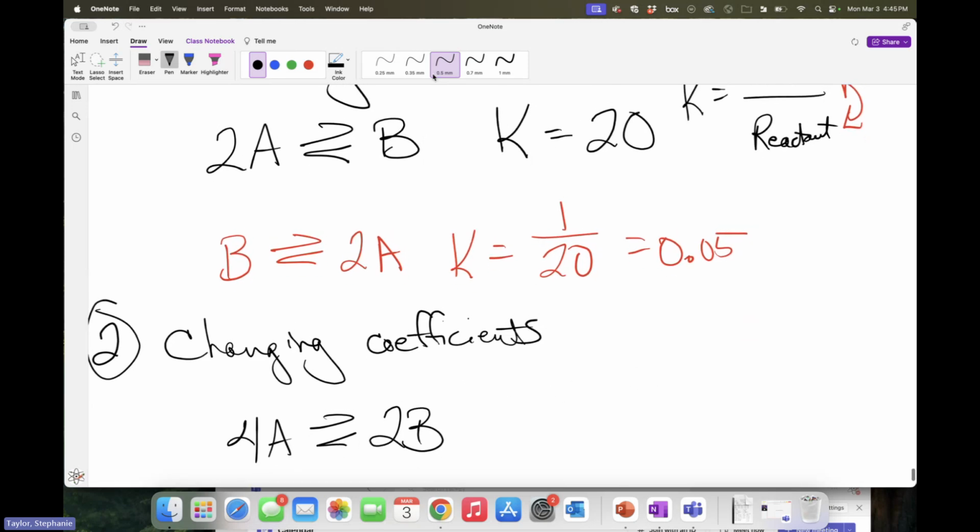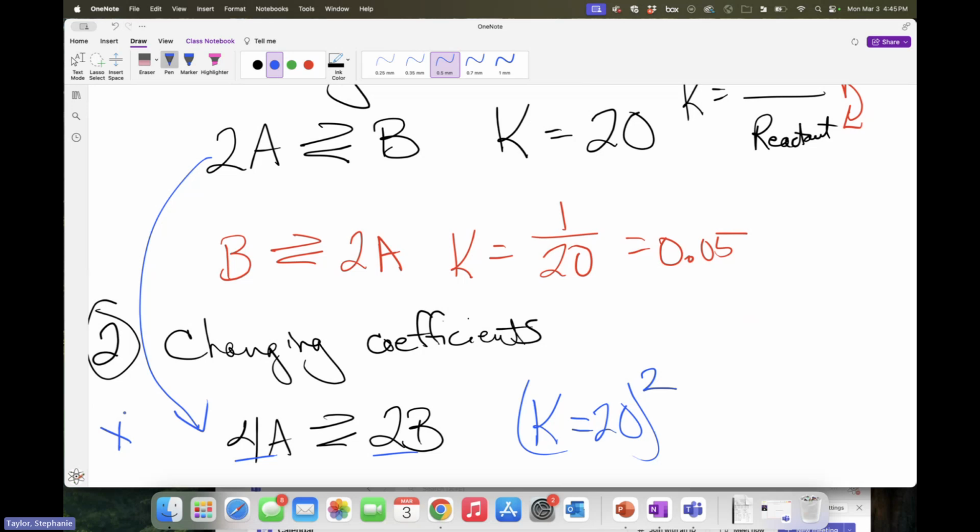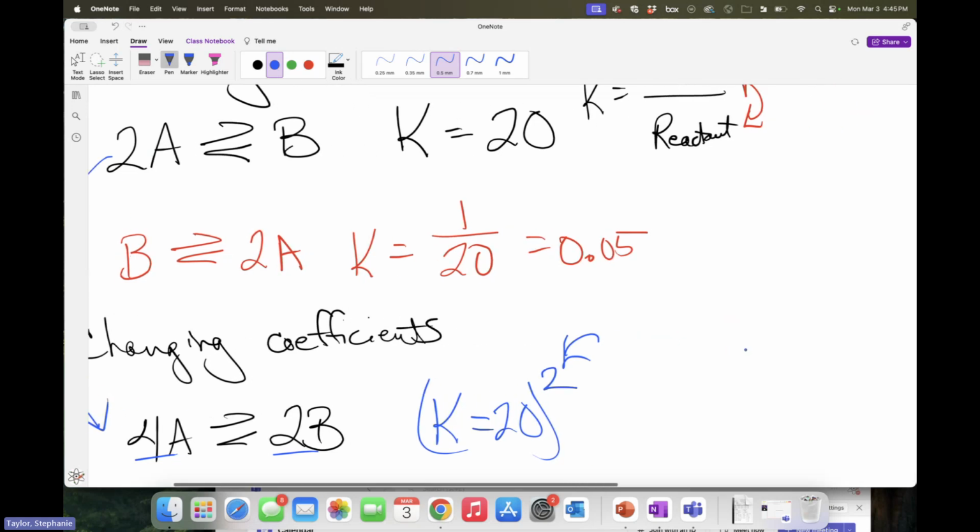I can take my original K value, and since going from here to there was multiplying times 2, I'm going to make that multiplication into an exponent, just like we do in K expressions.